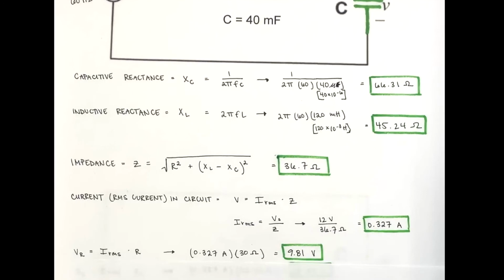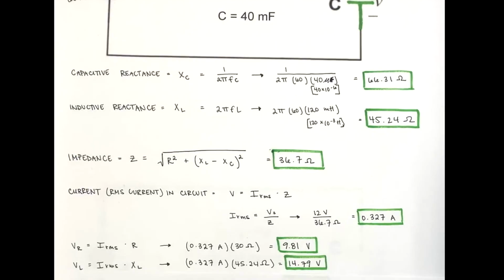Now we're going to calculate the voltage across the resistor, the capacitor, and the inductor. For the resistor, we're going to use V equals IR, and we're going to use that current that we just found, the 0.327 amps, and multiply it by our resistor of 30 ohms, and that should give us 9.81 volts. We're going to do the exact same thing for the inductor, and that's going to be I times XL.